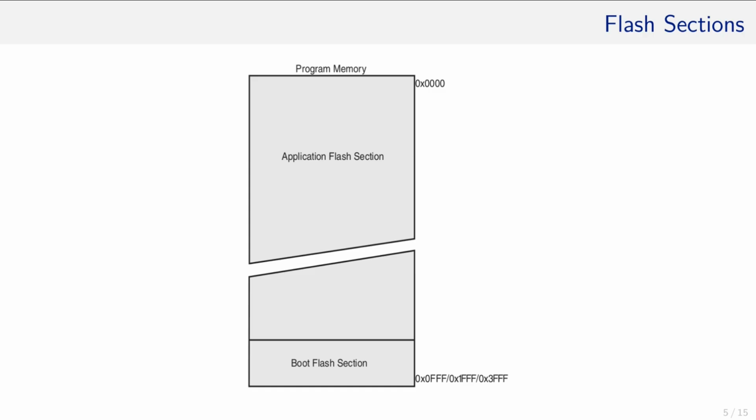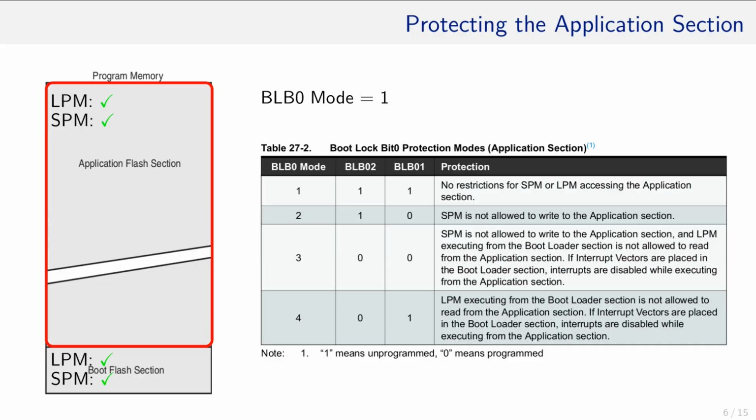Depending on in which section the LPM or SPM instructions are executed, different rules apply. If the developer would like to protect the application section, boot lock bit 0 protection mode needs to be considered. In this mode, SPM and LPM instructions are considered whose target address to write to or to read from is located in the application section, here circled in red.